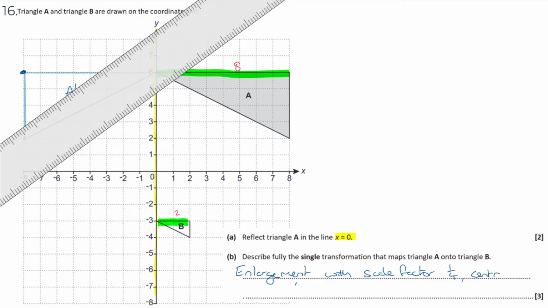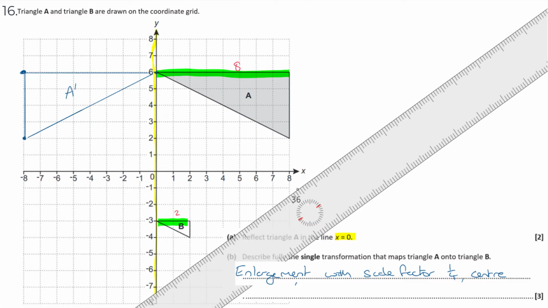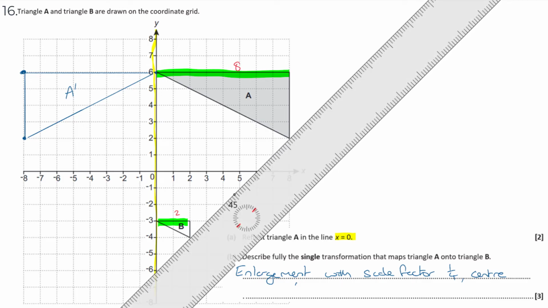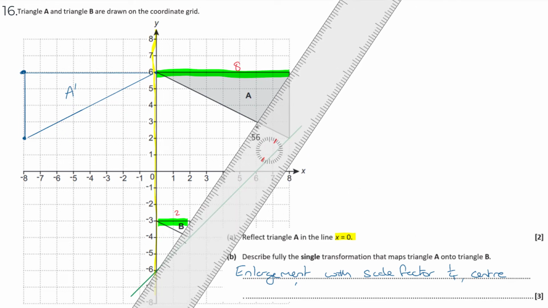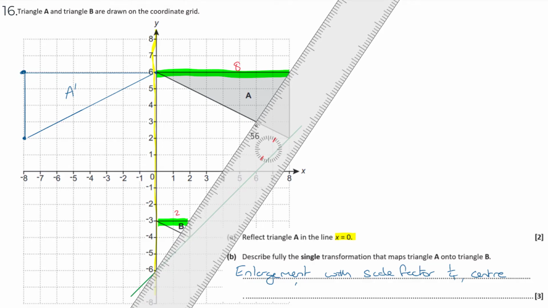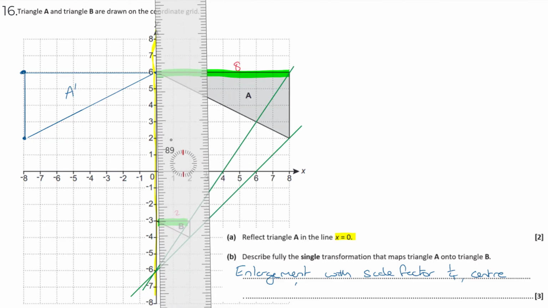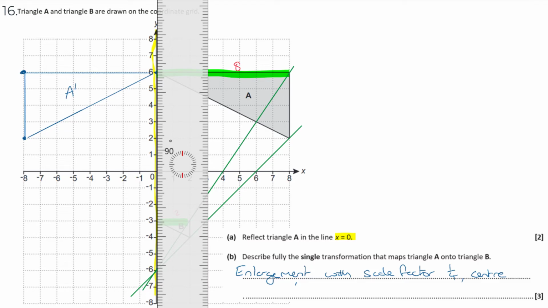And now I just need to find the centre of enlargement. So where is the centre of enlargement? Well, I can do that by using my ruler and drawing on some ray lines. What I do is I find matching points on object and image, and I'm going to draw some lines through them. Okay, now these lines should converge on the centre of enlargement. I can already see where it is actually, but I'm just going to show you a little bit more. So another line going through here. And remember, I've got 2 points on the y-axis here, so the y-axis is a kind of ray line as well.